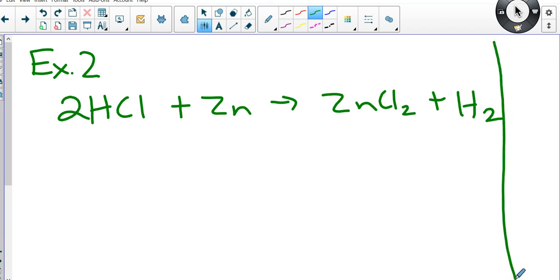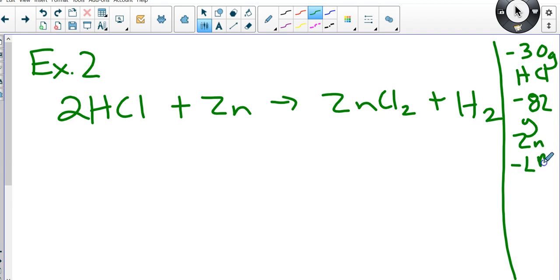All right, so let's say that I give you 30 grams of hydrochloric acid and 82 grams of zinc. I want to know the limiting reactant, excess reactant, mass of the excess reactant remaining, and then mass of H2.